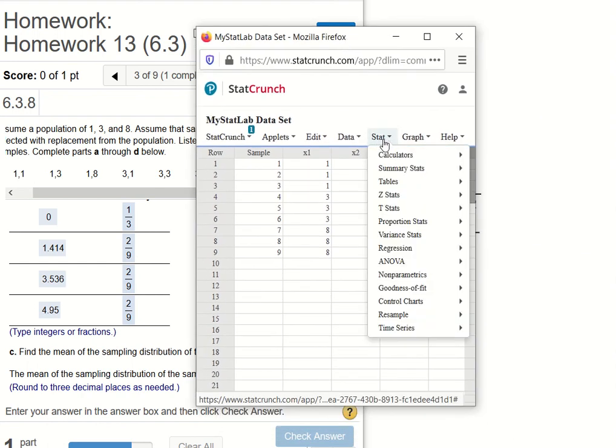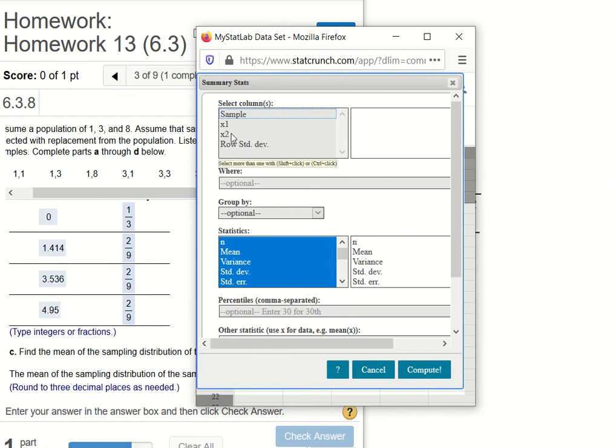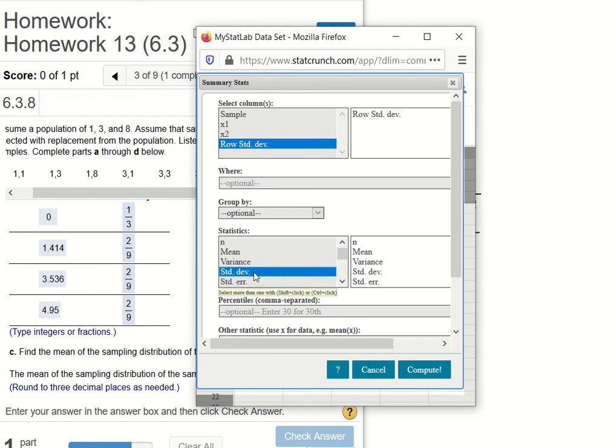Go to Stat, Summary Stats, Columns, and I'm going to pick this row standard deviation column we just calculated. Those are the 9 sample standard deviations, and we're going to pick standard deviation because we're looking for sample standard deviation here.